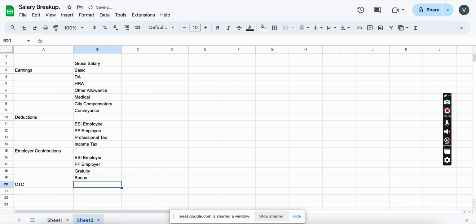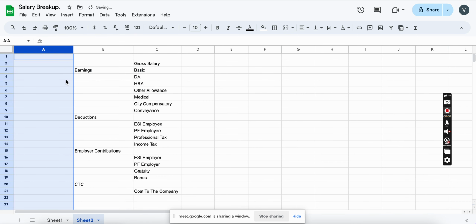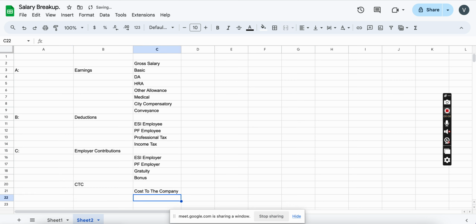Then it comes CTC, cost to the company. So this is component A, component B, component C, and component E. Actually, D is not required. Now let's understand one by one.